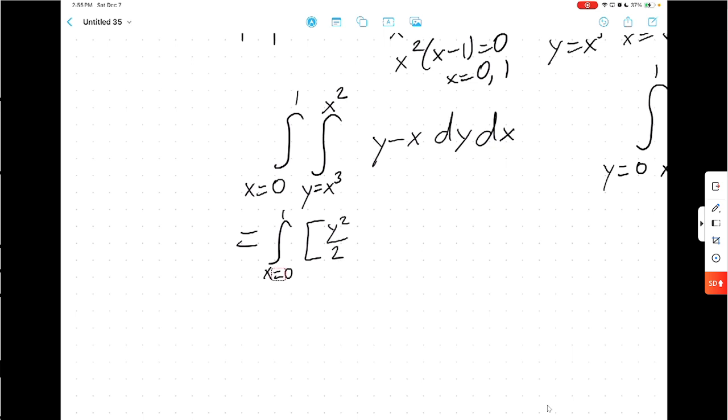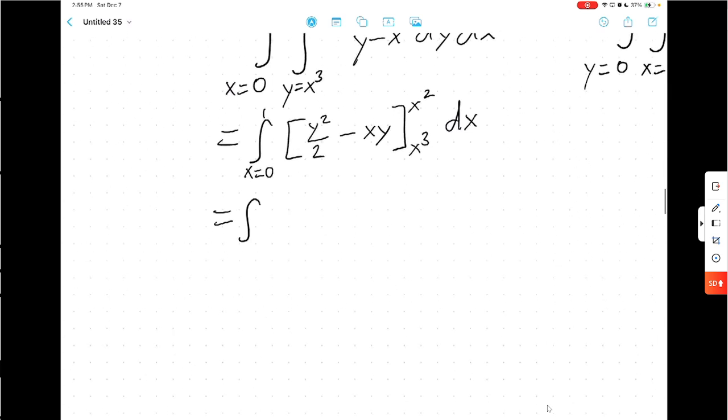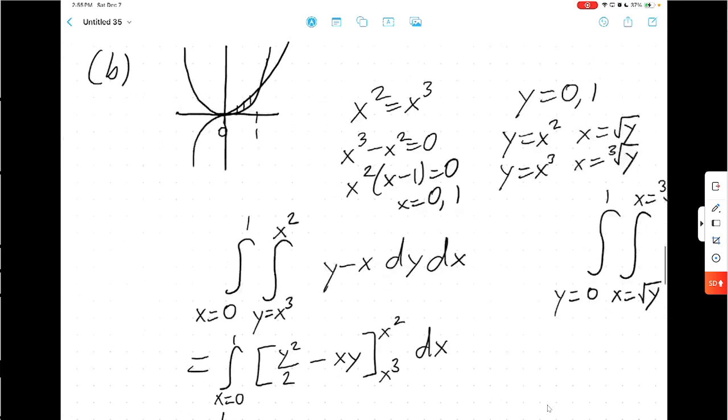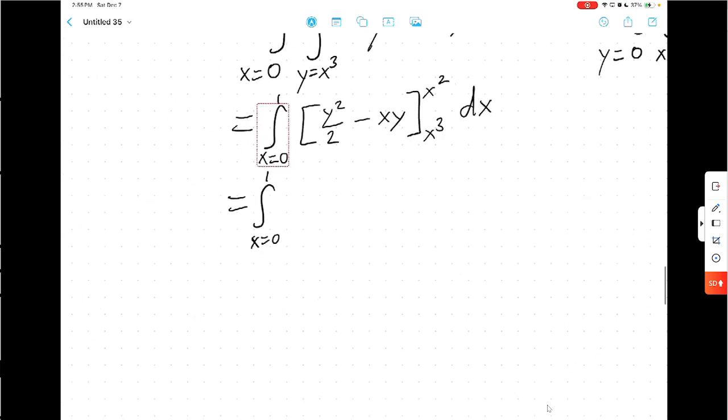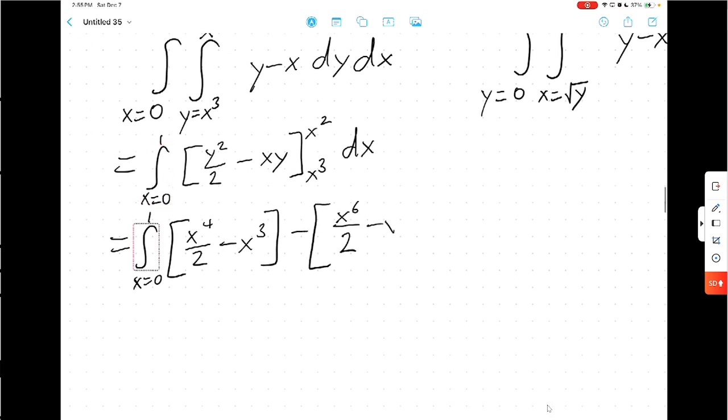Y squared over 2 minus xy, x cubed to x squared, and then we get y is equal to x squared. We're going to get x to the 4 over 2 minus x cubed minus x to the 6th, and then we have x to the 6th over 2 minus x to the 4th.